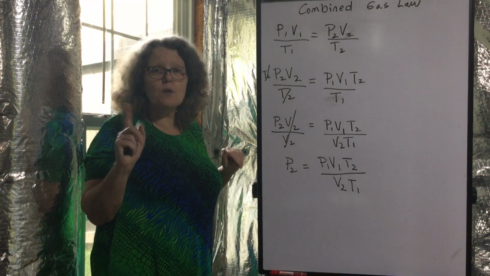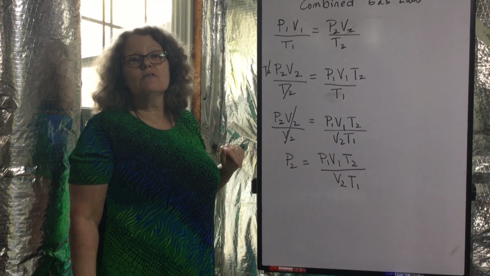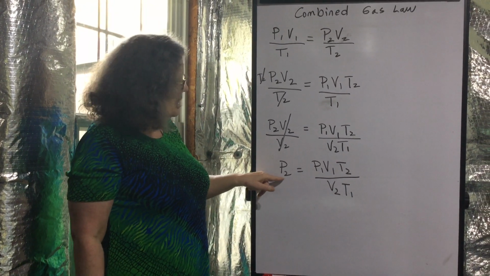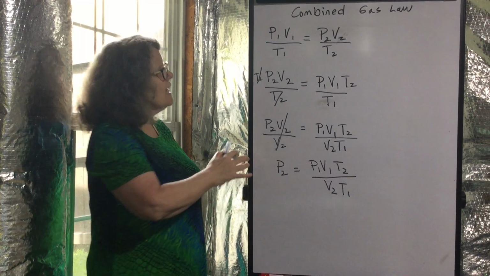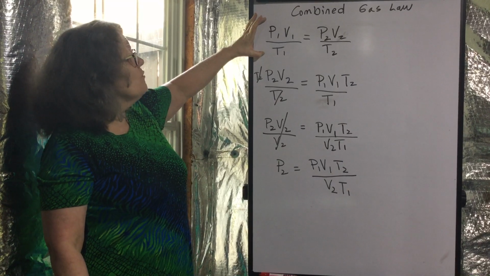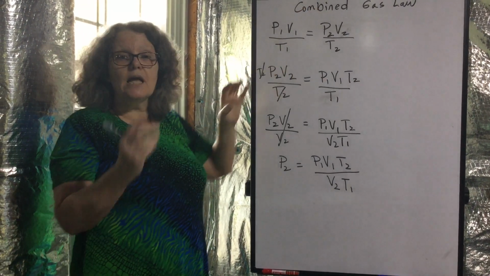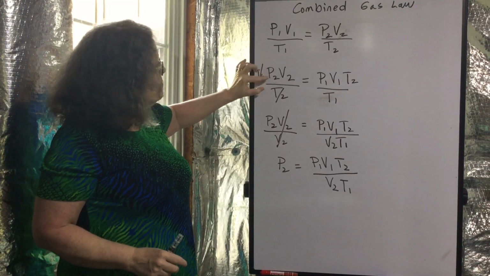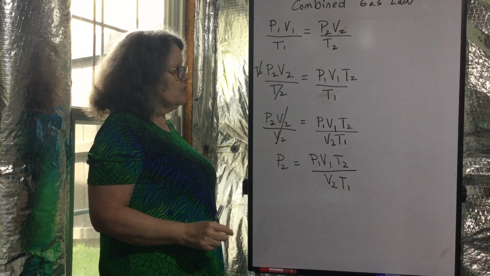So the first thing I want you to do is practice isolating variables. I'm going to start by showing you how to isolate P2. We know P1V1 over T1 equals P2V2 over T2, and we can say P2V2 over T2 equals P1V1 over T1.